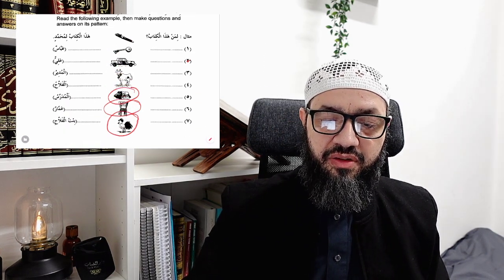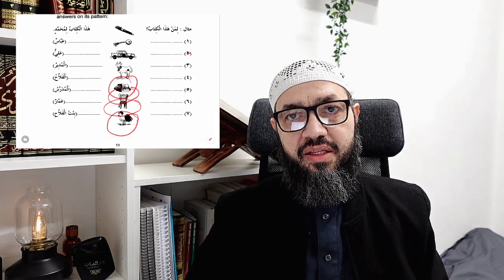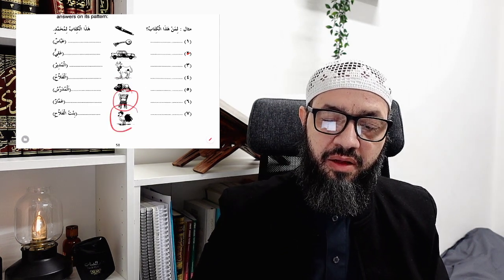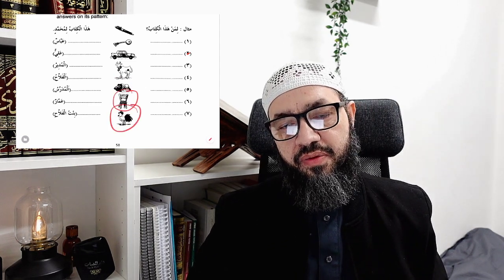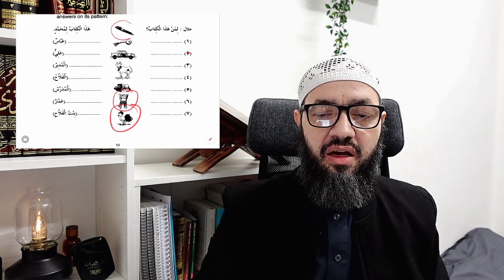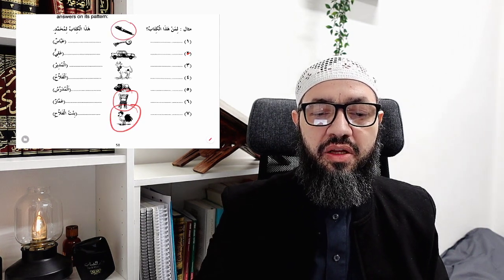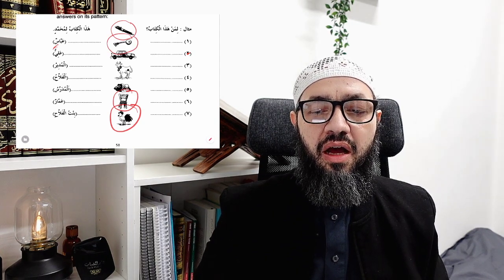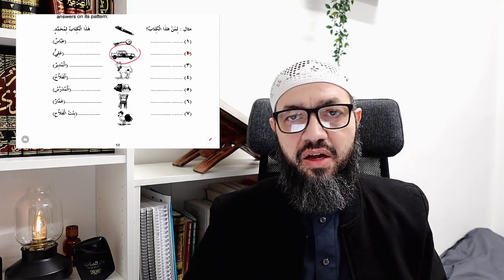I can say, for example, "ma tilka," what's that? "Ma dhalika," what's that? So, هذا قلم القلم لعباس. هذا مفتاح هذا المفتاح لعلي. هذه السيارة للمدير. هذه البقرة للفلاح.